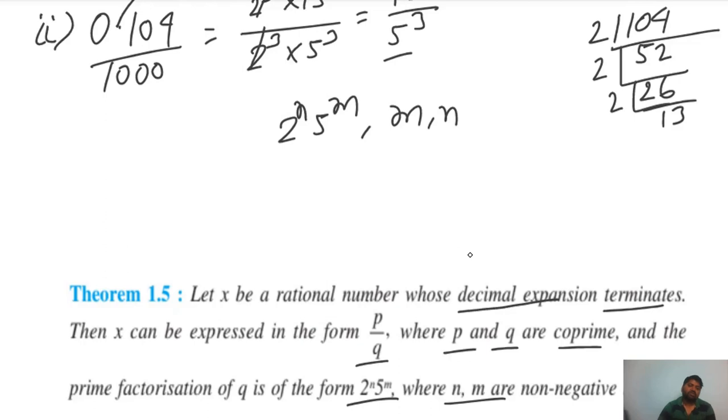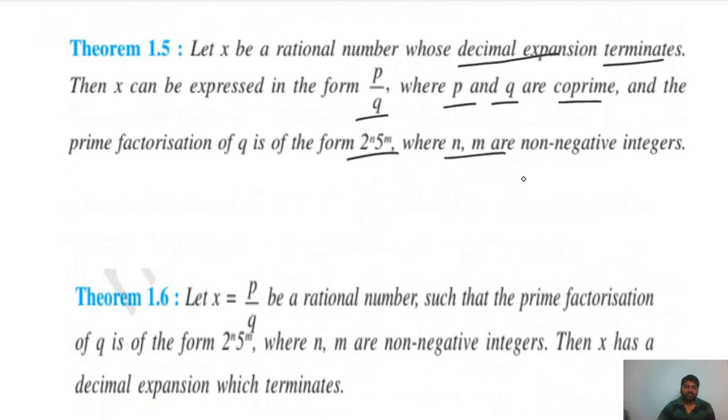These are the theorems, because when we simplify 10 we get 2 into 5. So this is the form of terminating rational numbers.